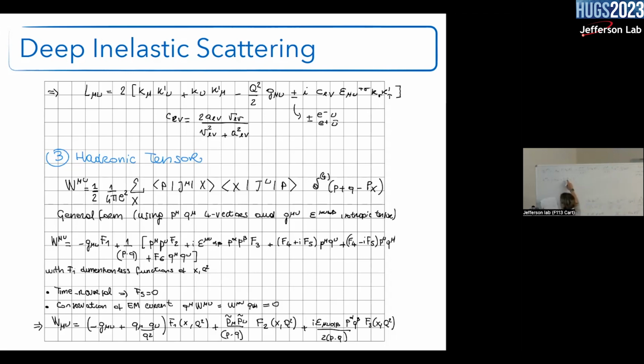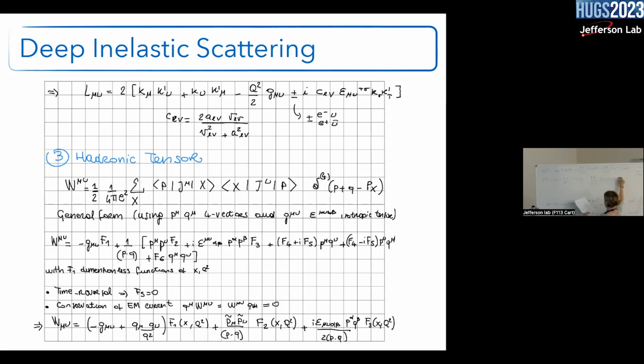In fact, this one goes in here. F1, so basically, yes, these two, you identify the two and they go together with the same coefficient. And then you have plus P mu tilde P nu tilde divided by P dot Q, F2.